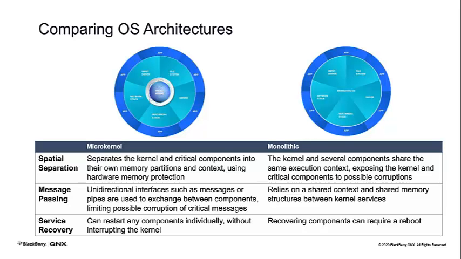If you look at that first line below, spatial separation, being able to separate out almost everything, and QNX does that, where almost every feature of the OS is outside the kernel. It's a very small microkernel that does some very specific things, and that allows you to achieve some of the safety that you need in the system. And with message passing, having the ability to pass messages between these in a safe and efficient model, and those words there, there's a balance there as well.